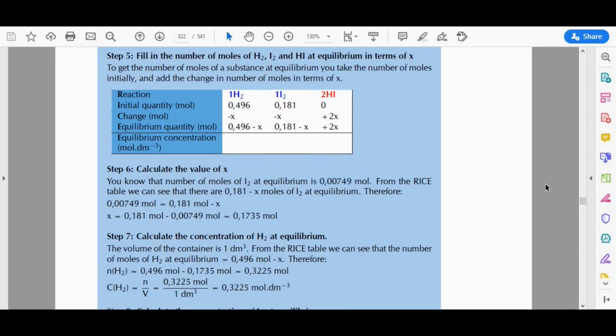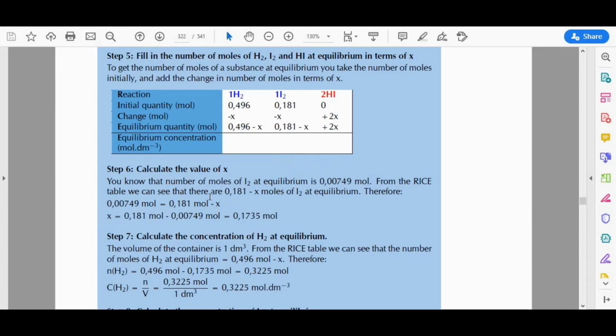Right before. So again, from the table we can see that we are taking the change, which is 0.181 minus x. Okay, it's minus x. They take this whole thing and put it there, and therefore if that's what we're left with, we need to find the value of x, so we can find what the change is equal to.